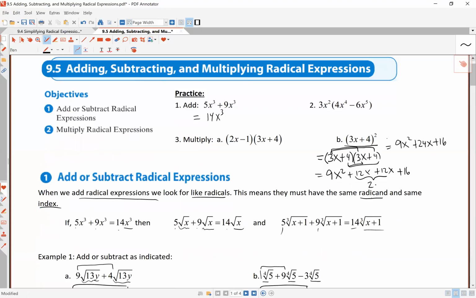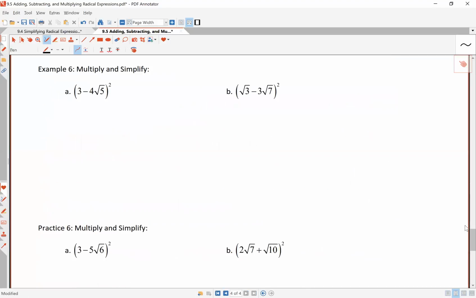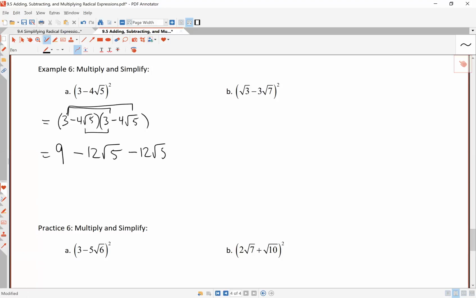To square a binomial, we rewrite it twice. So we'll rewrite this one twice as 3 minus 4 root 5 times 3 minus 4 square root of 5. We've got 3 times 3, which is 9. 3 times negative 4 root 5 is negative 12 root 5. And minus 4 root 5 times 3 is minus 12 root 5.